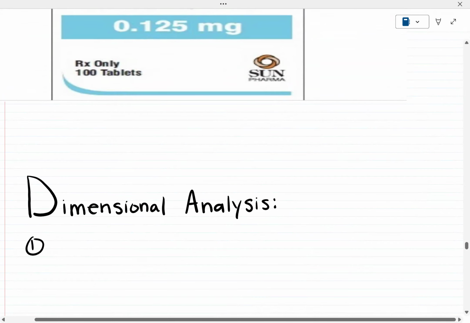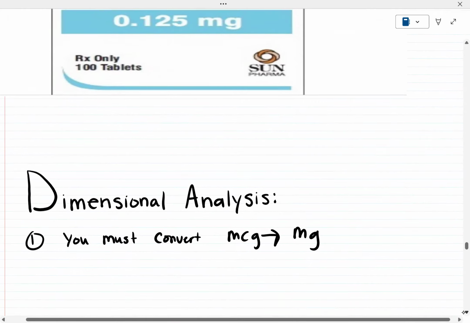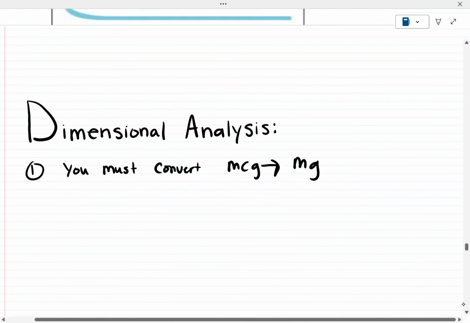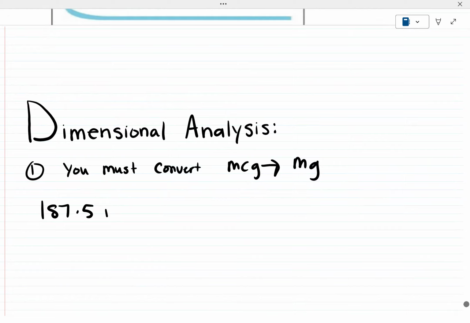So before you start your dimensional analysis, you must convert mcg to mg. Okay, well, we can do that, right? So we were given 187.5 mcg, and we're going to convert that to milligrams.